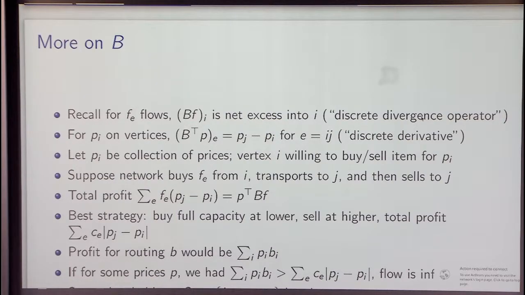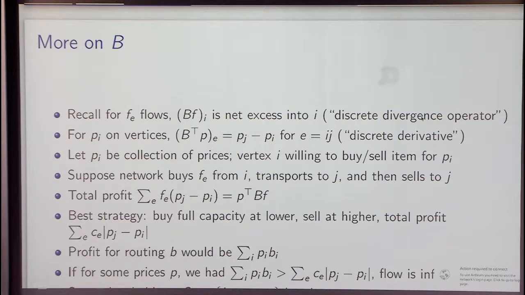So we can observe that if for some prices the total profit that could be achieved by routing b was larger than the largest profit that the network was able to obtain, then this must tell us that b must be infeasible. And indeed, that's the case.